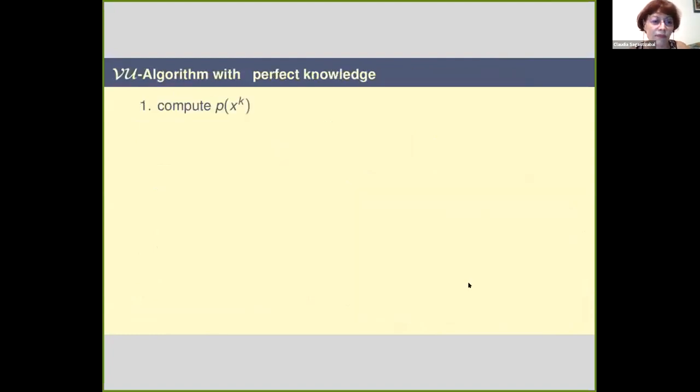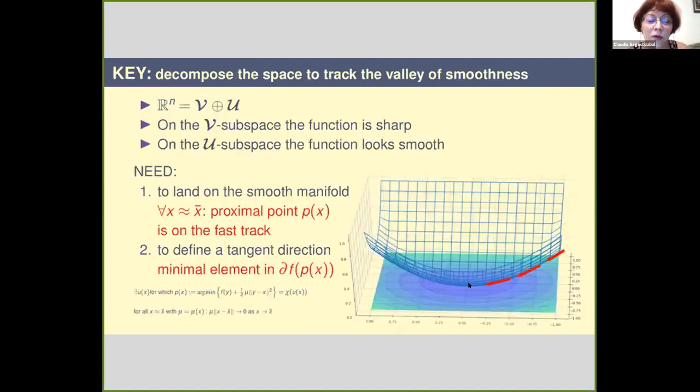Notice that we need perfect knowledge of the primal and the dual objects. This amounts to being able to compute the proximal point and to find an element of minimal norm in the subdifferential. So we need to compute the proximal point, and we need to know the full subdifferential.